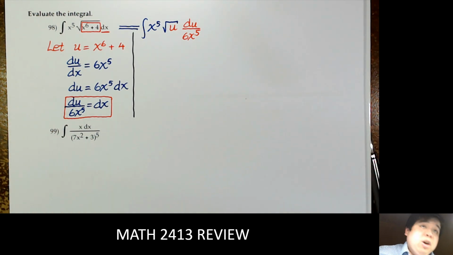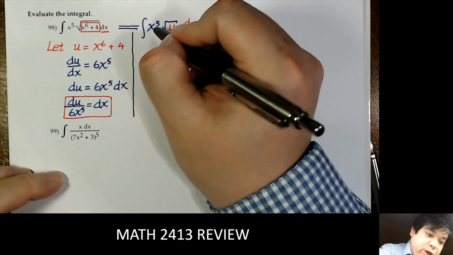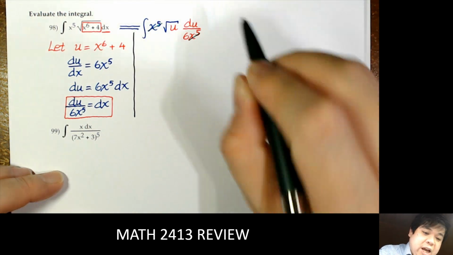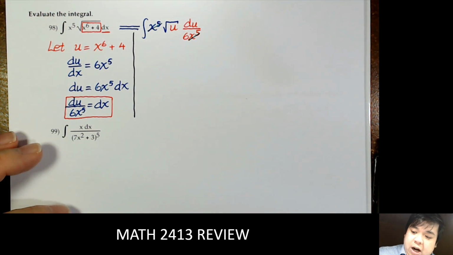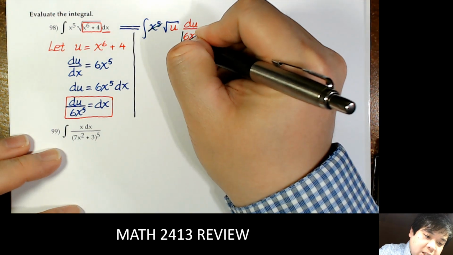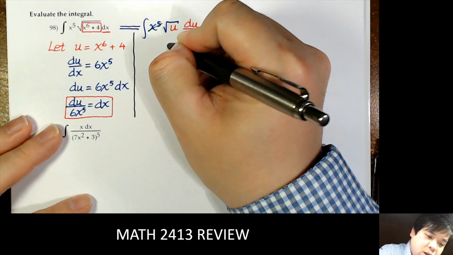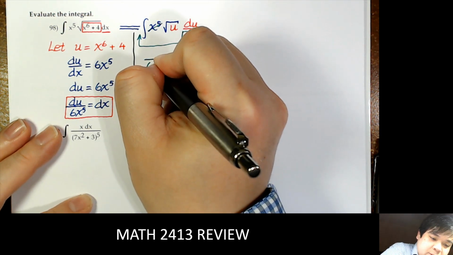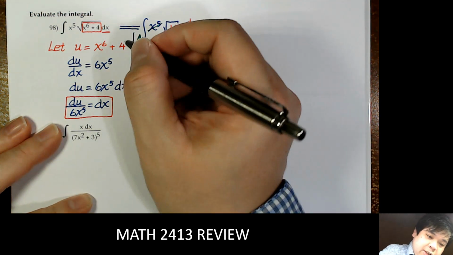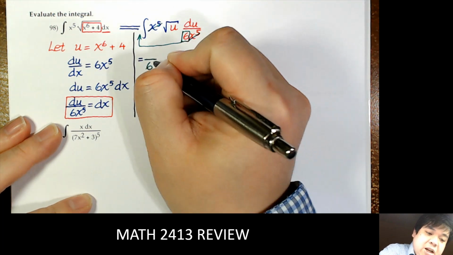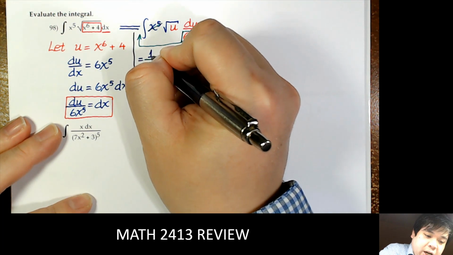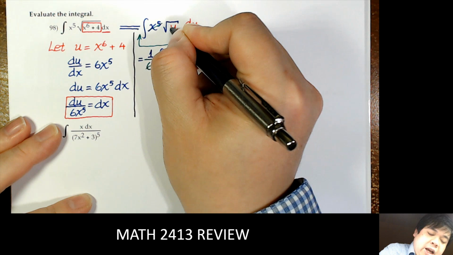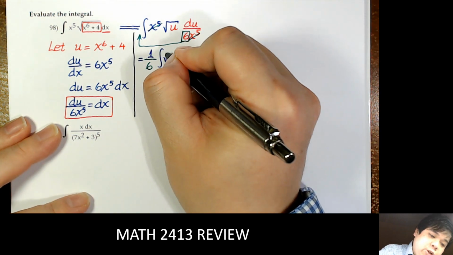Now, if everything works out perfectly, there will be no more x, and as we see, the x to the 5th cancel out. We have 6 here as a constant. I will write that outside of the integral, but it will be at the bottom because it stayed at the bottom originally. I'll put 1 on the top, and then just square root of u du.